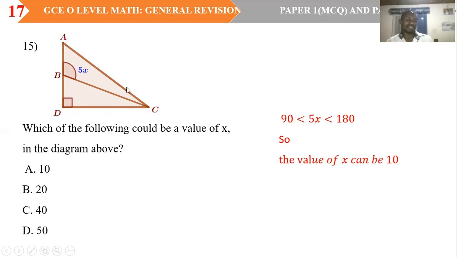We know that in a triangle, when two angles are acute, the remaining angle must be an obtuse angle. And that is why we say 5x lies between 90 and 180. Therefore, x should be the value that when multiplied by 5, it gives an angle between 90 and 180. And among the alternatives given to you from A to D, the possible value of x can only be 10.